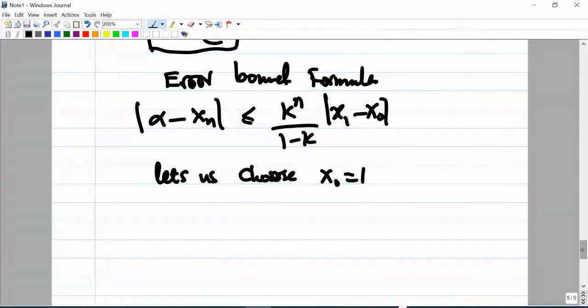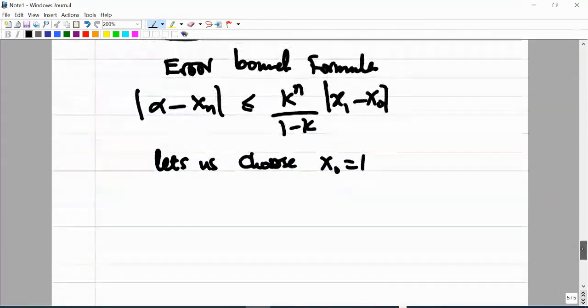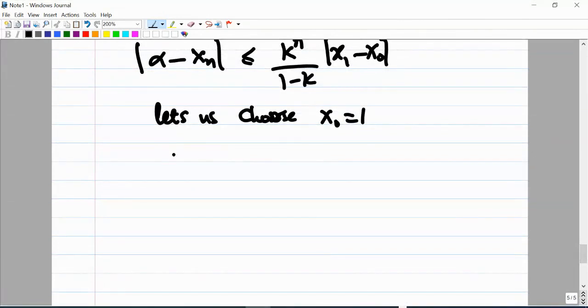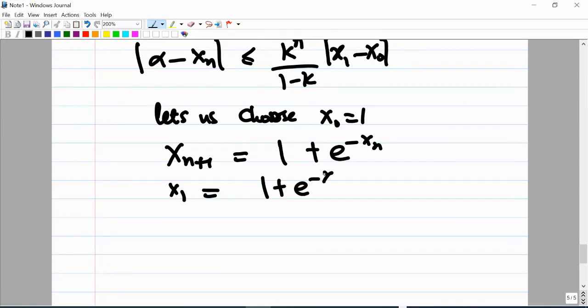It's very convenient to choose that one. And then you know that your iteration is 1 plus e to the power minus xn. So x1 equals 1 plus e to the power minus x0, which equals 1 plus e to the power minus 1, or 1 plus 1 over e.